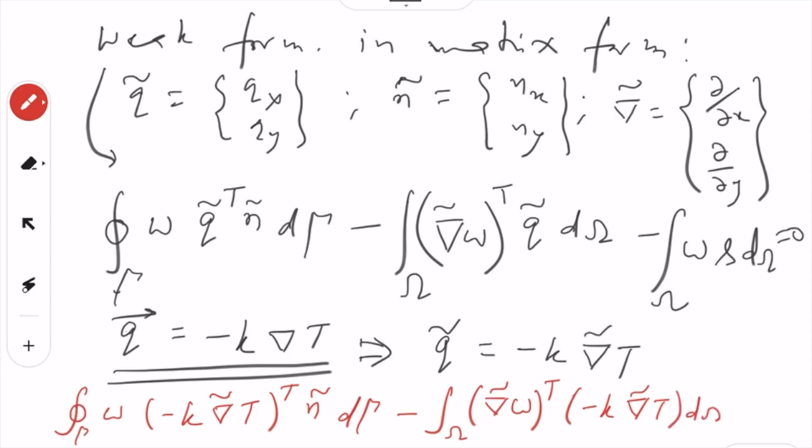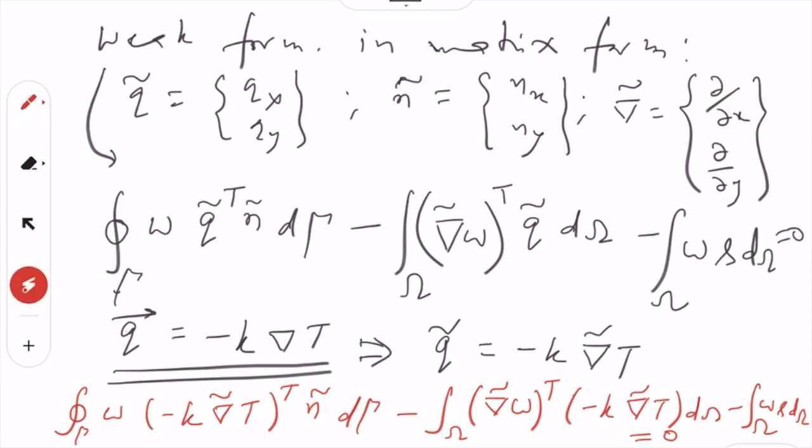Okay, and then we have this term, so we write minus the integral over omega of w s d omega. Okay, so whole thing equal to 0.